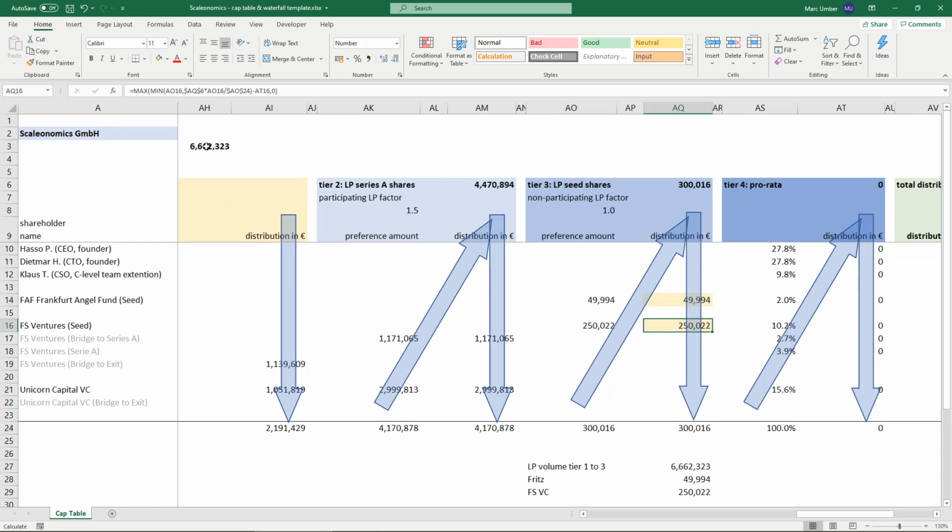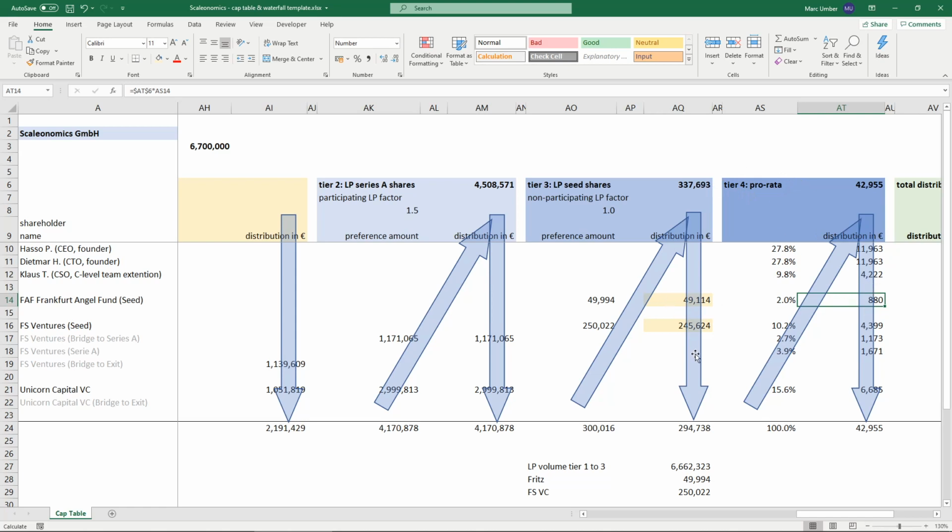And once we move over this tipping point, we want to see that our non-participating liquidation preference is now offsetting with euros received on the next tier, which is the tier 4 pro rata stage.